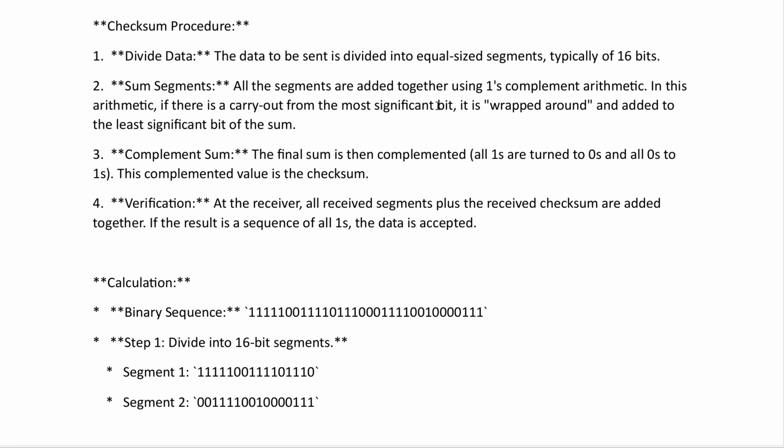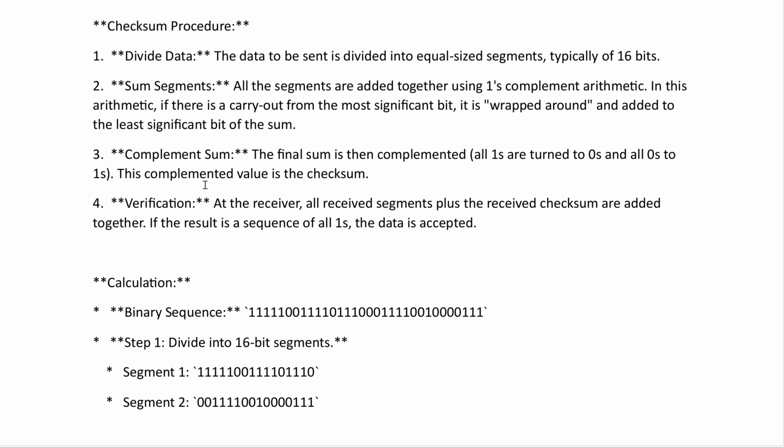What is one's complement arithmetic? We simply do the binary addition, but one's complement addition says that if there is a carry from the most significant bit, then you have to add that carry into the least significant bit. That is known as one's complement arithmetic addition, right?